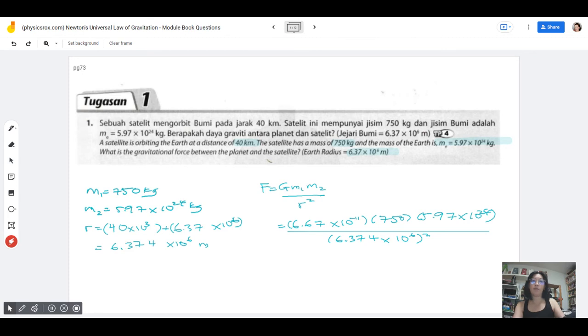And don't forget to square the R, 6.374 squared, and you should get 7.35 times 10 to the power of 3 Newton. And that's how you solve Tugasan 1, question 1.